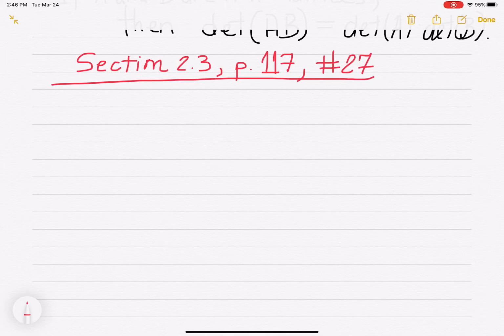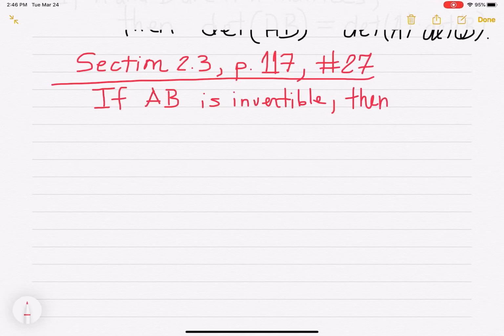So I'm going to just state that result. It said if A times B is invertible, then so is A.